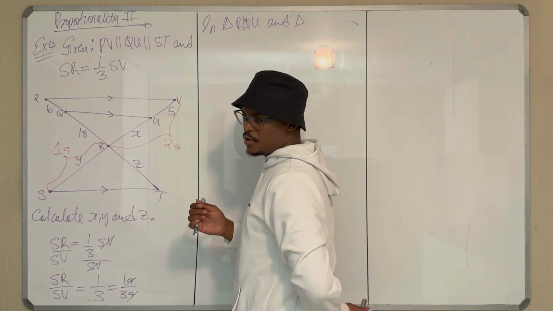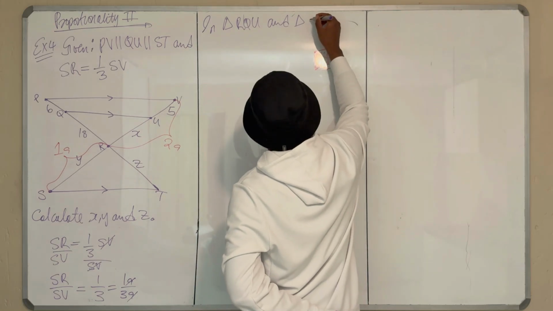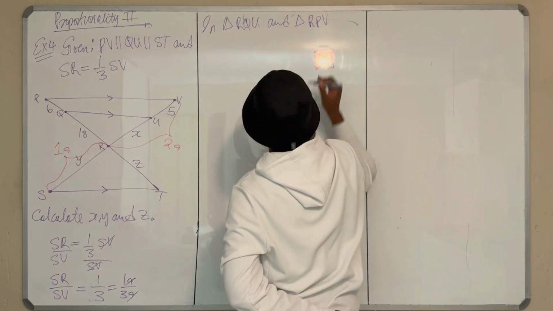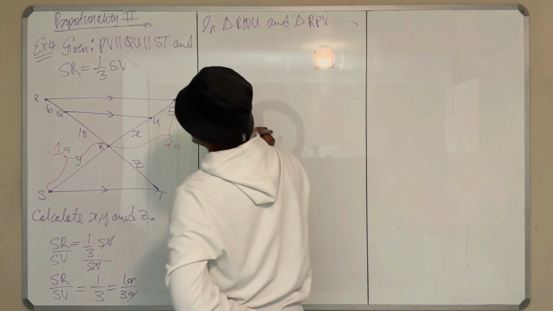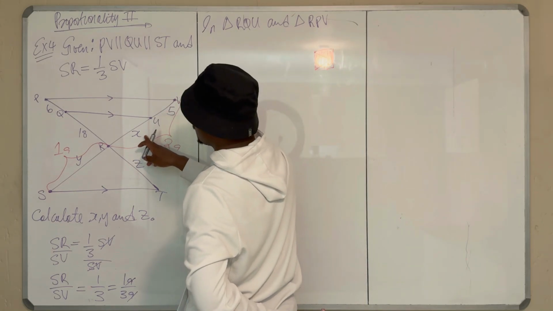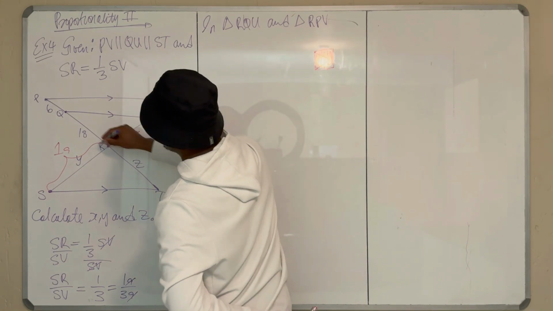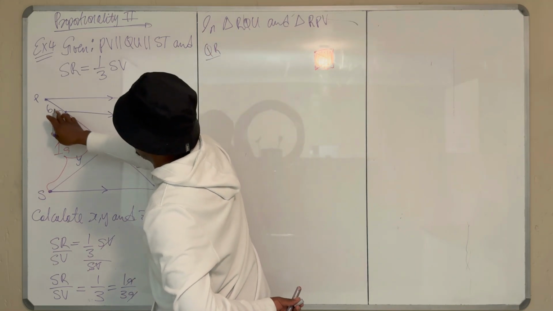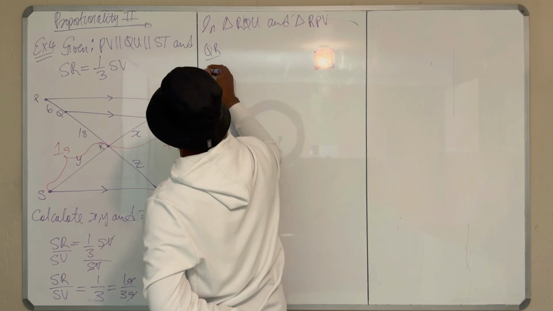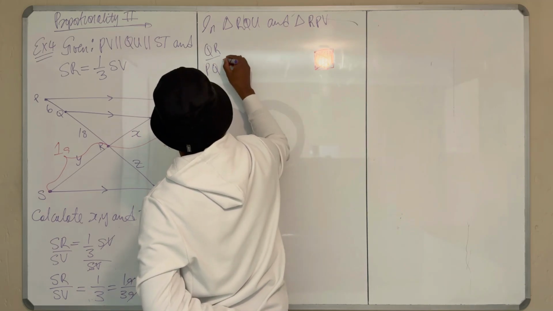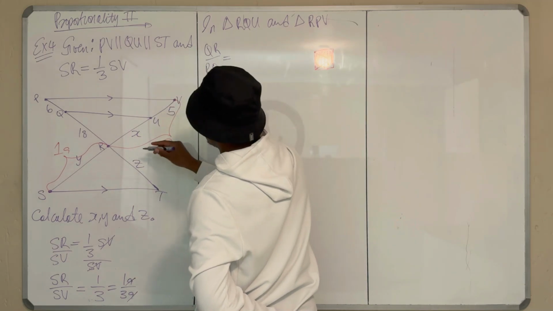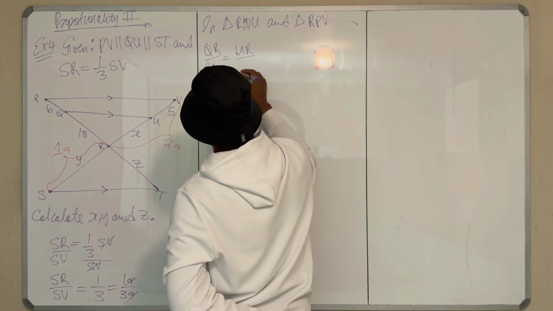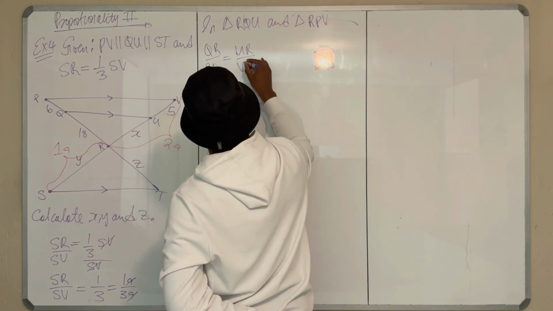So we have the proportionality theorem there. QR over PQ is equal to UR over VU.